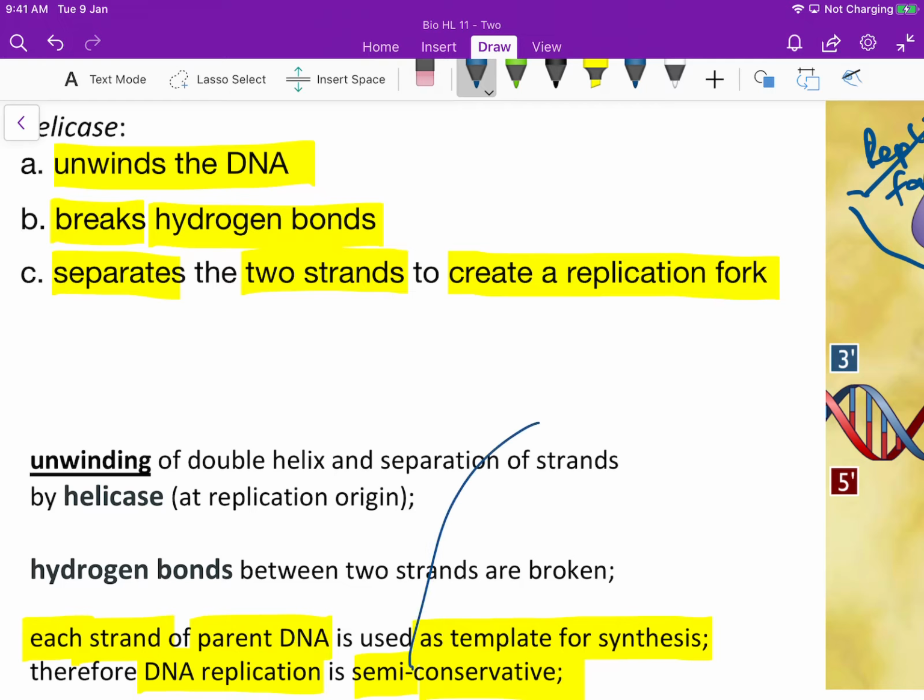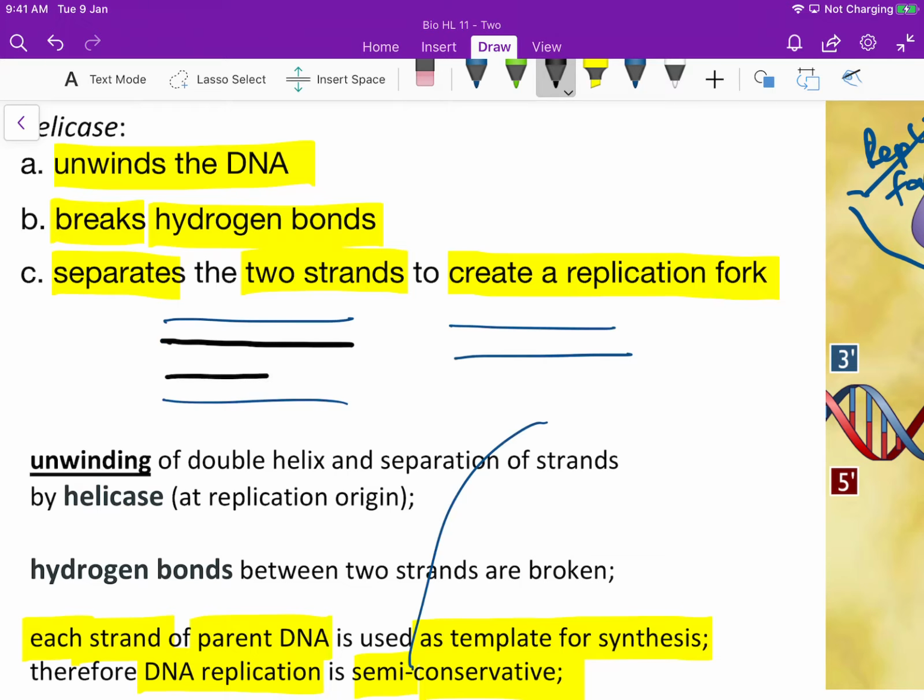Why is it called that? Well, if we've got this as our original DNA, if we open it up and then we add in a new strand of DNA using the parental DNA, we can see that afterwards in the two molecules of DNA that we've created, we've gone from one molecule to two molecules of DNA.